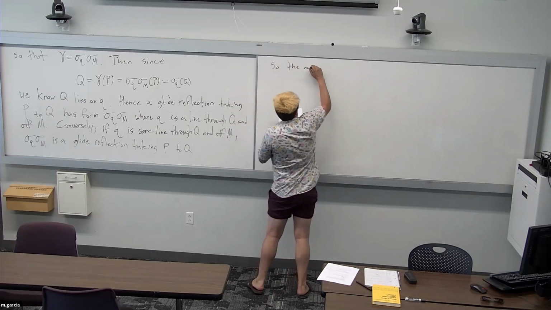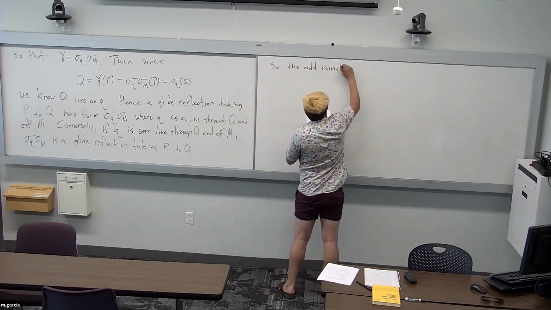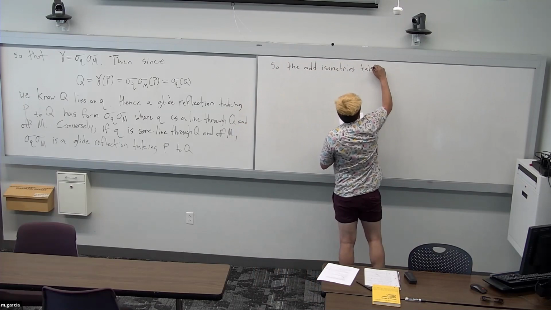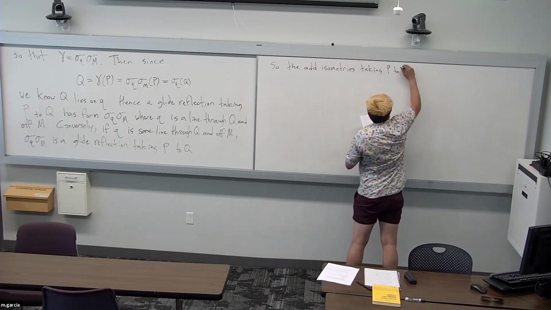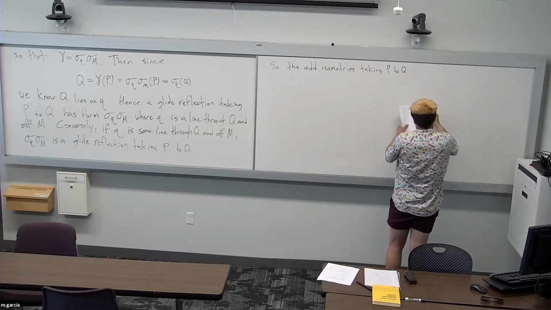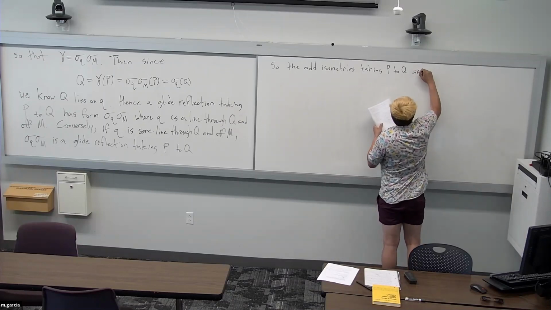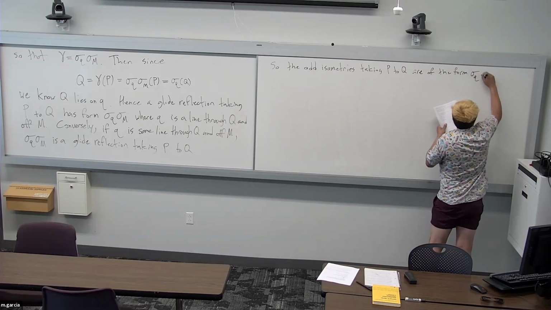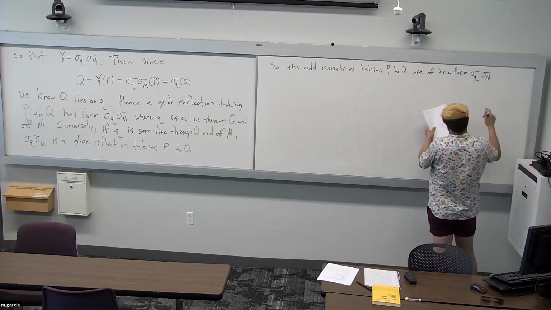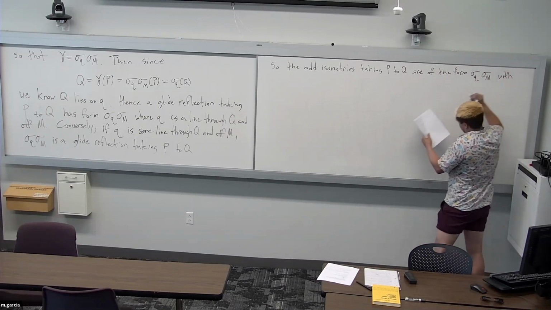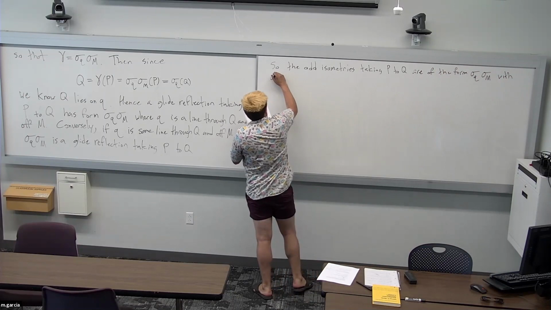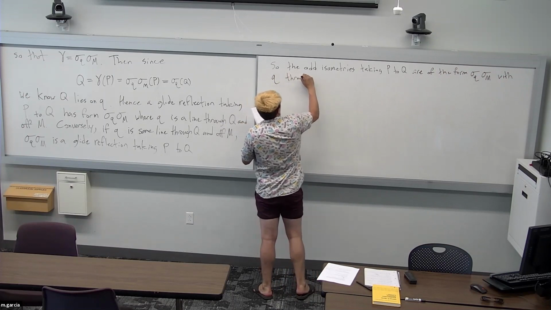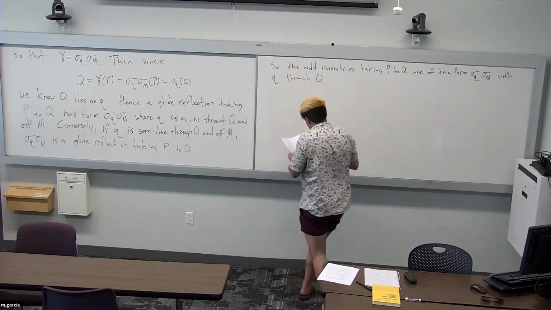So the isometries taking P to Q are of the form sigma q, sigma capital M, with q through the point Q, right?